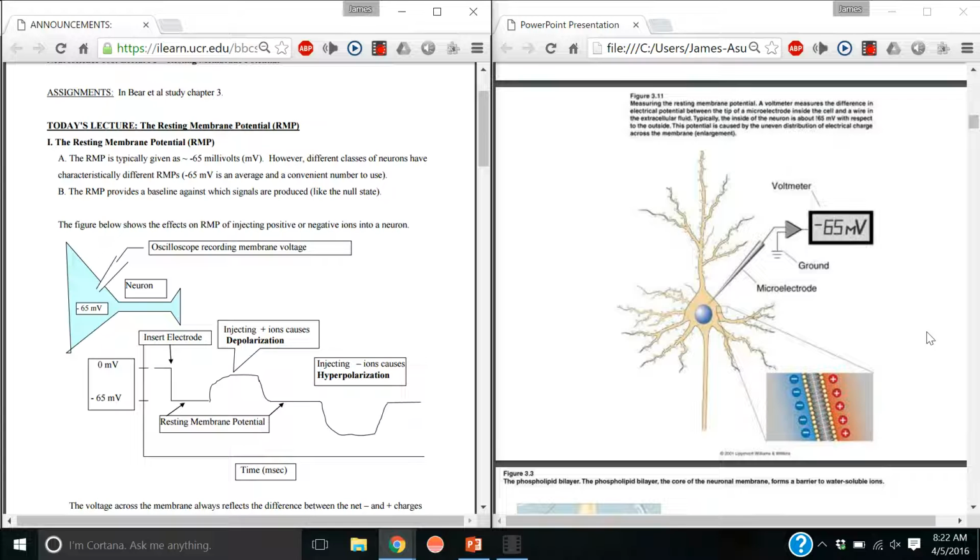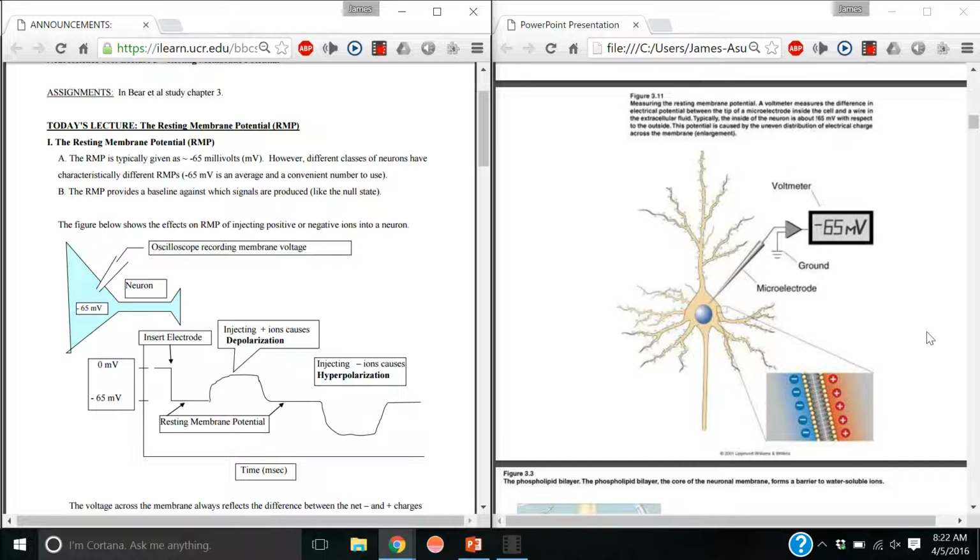The last word, potential, is another word for voltage, so it tells you that it's a voltage. Resting membrane tells you where the voltage is: it's a voltage across the membrane. And the resting means that it is the voltage across the membrane of a neuron in the absence of input. So when the neuron is resting, you have a resting membrane potential, a voltage across the membrane.